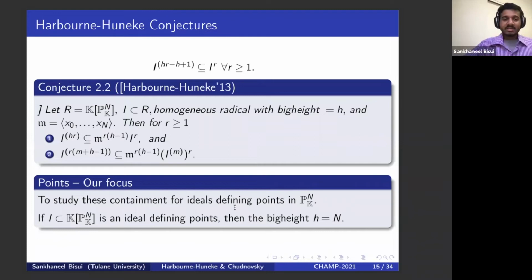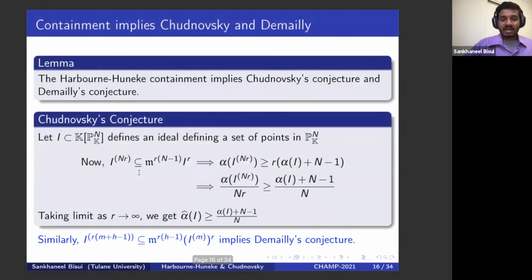So one of the reasons that these containment conjectures are interesting is that they give us Chudnovsky's conjecture and the Demailly's conjecture. For a quick proof of that, if we take I to be an ideal defining a set of points in the projective space, and it satisfies the Harbourne-Huneke containment, which is the (Nr)-th symbolic power sits inside M^(r(N minus 1)) times I^r.